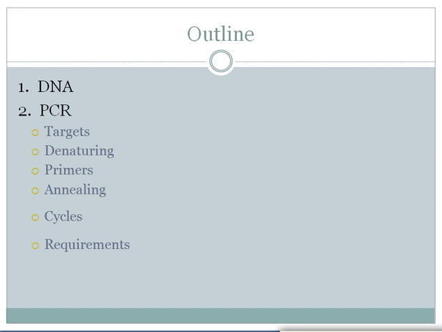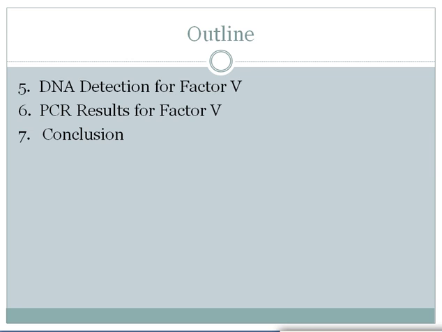What are the requirements? DNA detection, then PCR results, and conclusions like this.